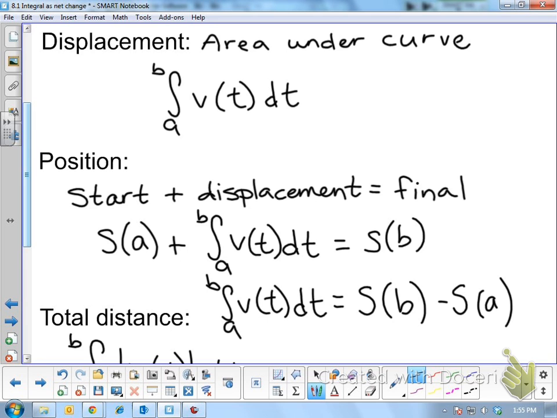We need to be able to think of this in both ways. Sometimes it's easier just to say, okay, starting position plus displacement, but sometimes they're going to want you to actually find starting position given final position. So we need to be able to move stuff around and work with it. So I think that's where we're going to stop for today.